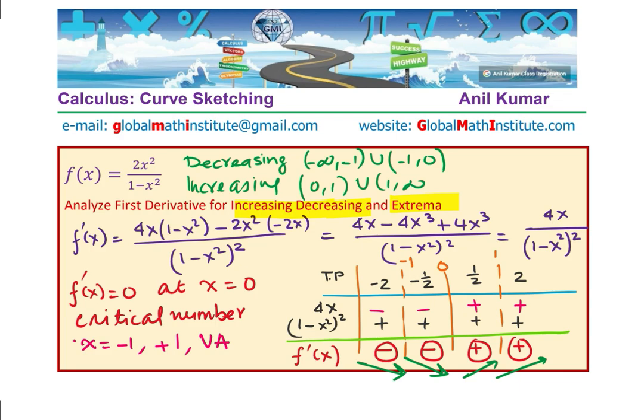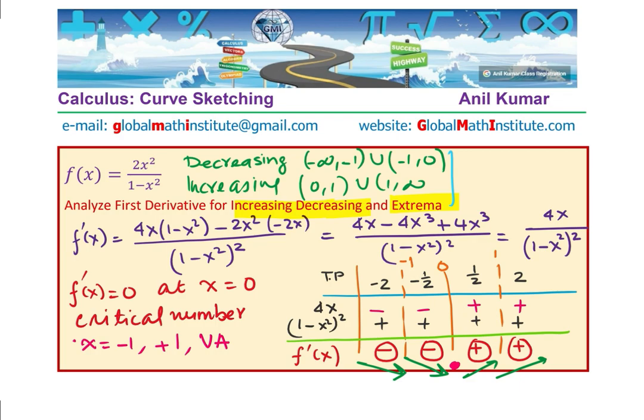So we found one very important part, the increasing and decreasing intervals, but it is important to take the vertical asymptotes. Many times students neglect it. That may cost them marks, and it is useful information, right? The other point is, at this particular point, we have a local minimum.